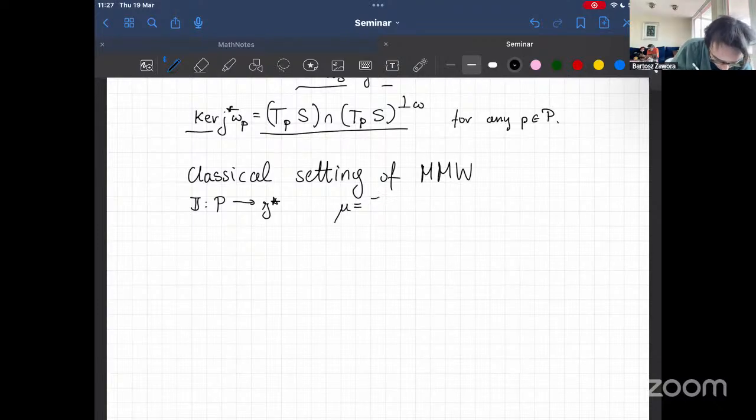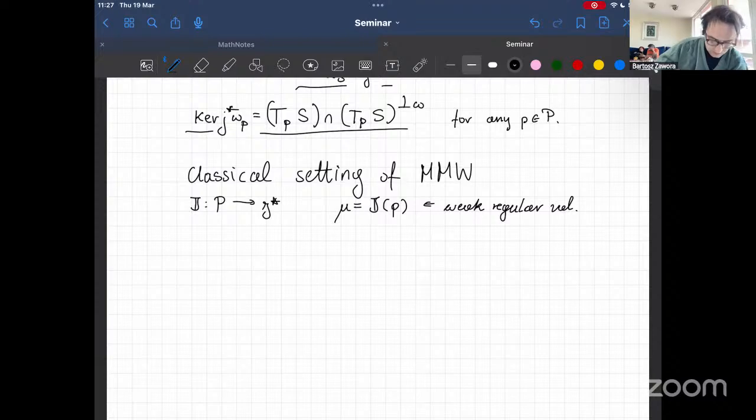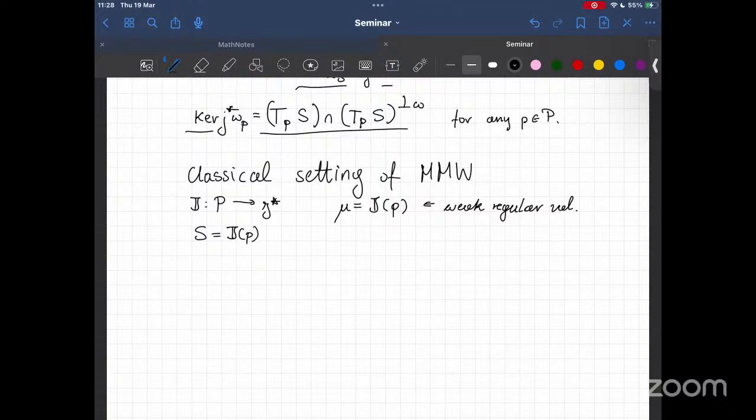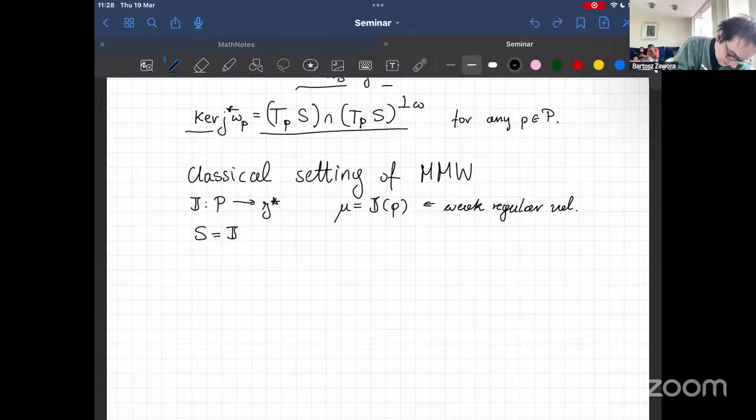So let mu be in the image of J, and it will be a weak regular value, just to make sure that the level set will be a submanifold of P, and we take S as the level set, since it has to be a submanifold of P.